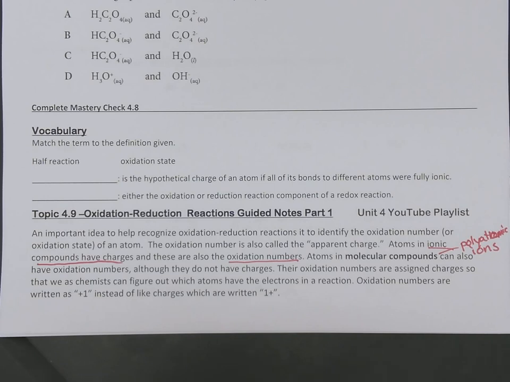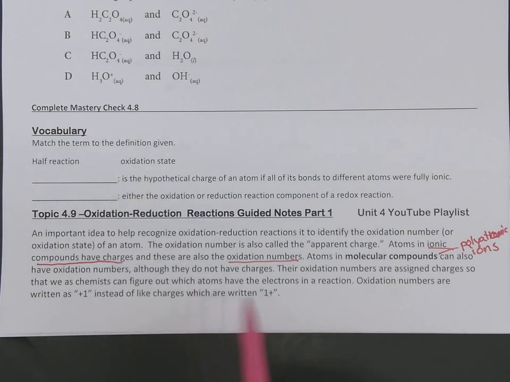So we call it an apparent charge or an assigned charge. So their oxidation numbers are assigned to charges so that we, as chemists, can figure out which atoms have the electrons in a reaction.